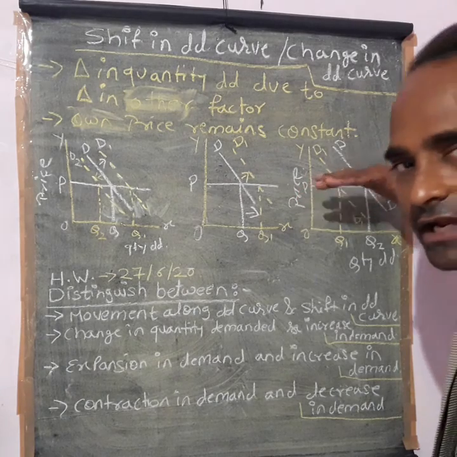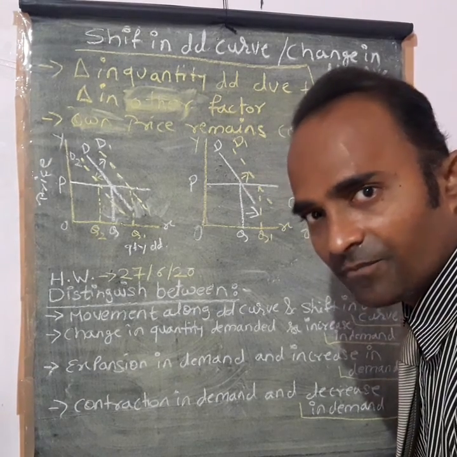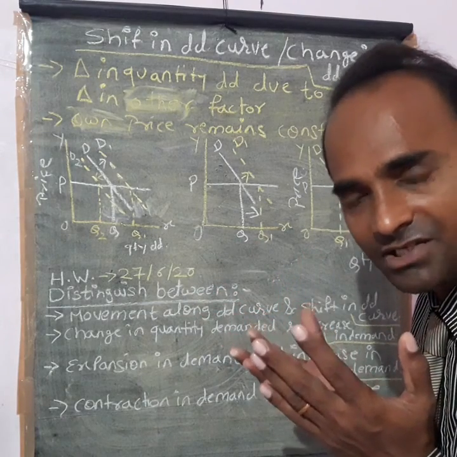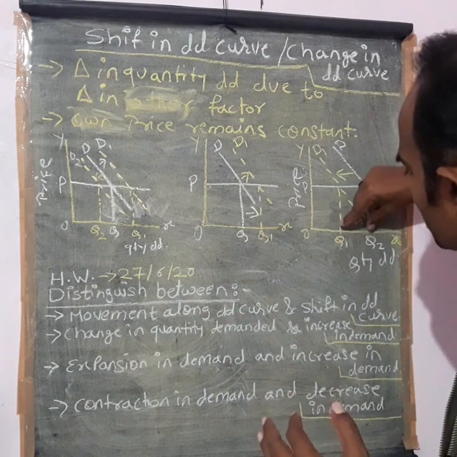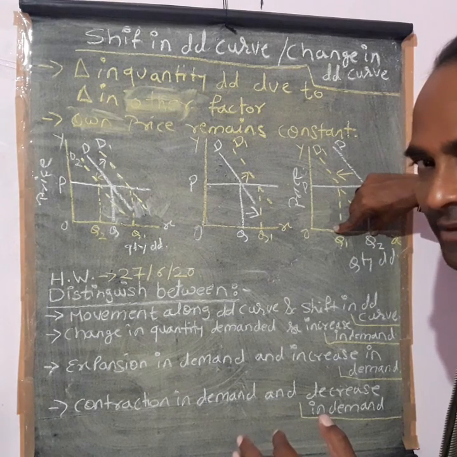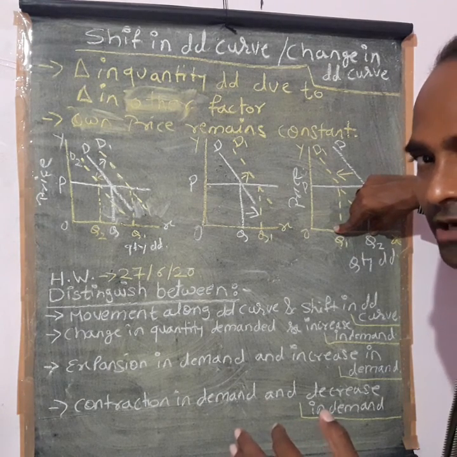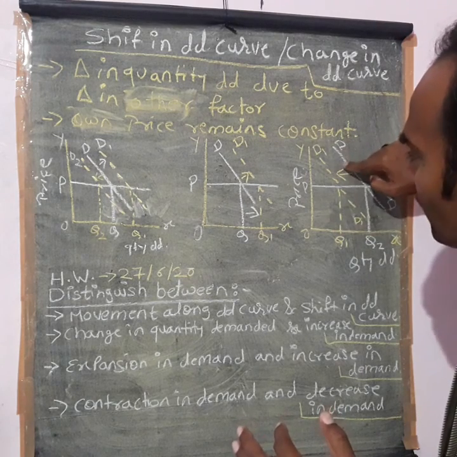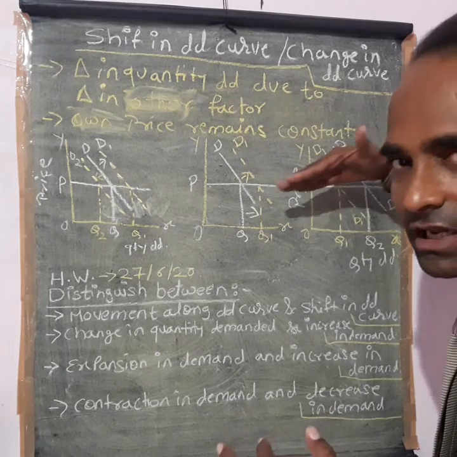Because income is decreasing, so demand also decreases. That's why this much quantity, Q2 compared to Q1, is the lesser quantity demanded in the market. The quantity demanded is reduced because of other factors, and that's why the demand curve shifts towards the left.